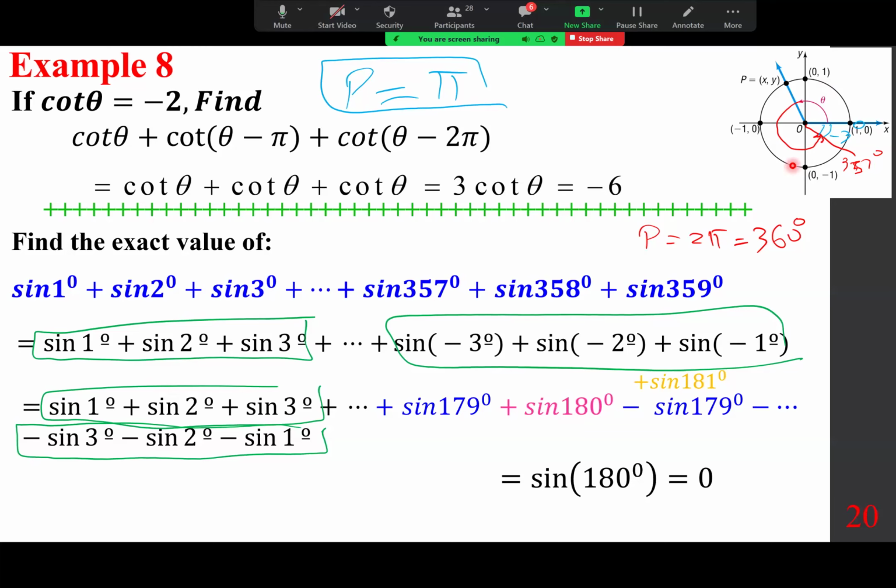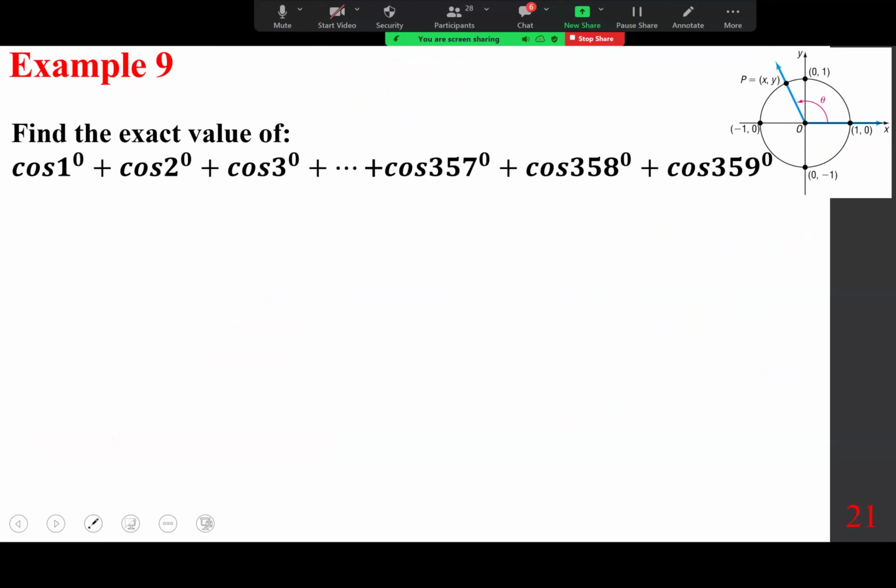So pay attention to what I explained here. We are going to look at the same thing, but this time for cosine. Cosine of 1 plus cosine of 2 all the way to cosine of 359 degrees. And so, again, I want you to understand the concept here. So we're going to keep the first 3 and the last 3. 359 means what?